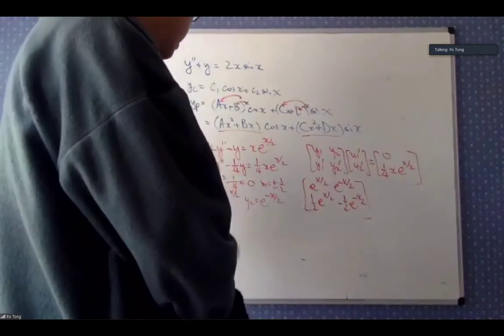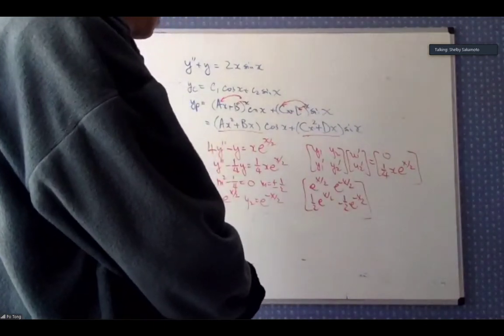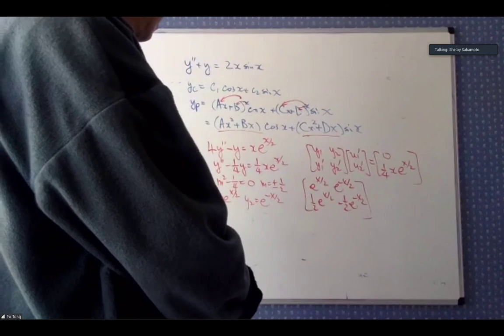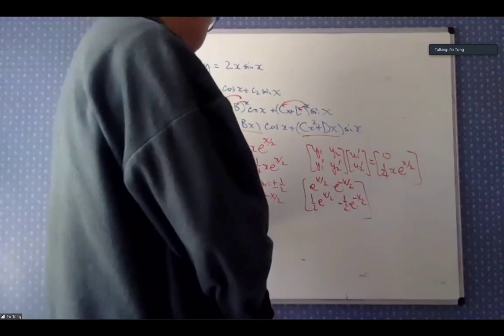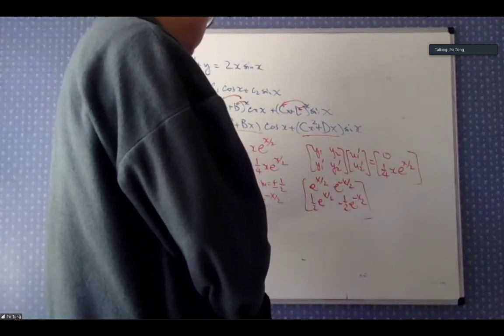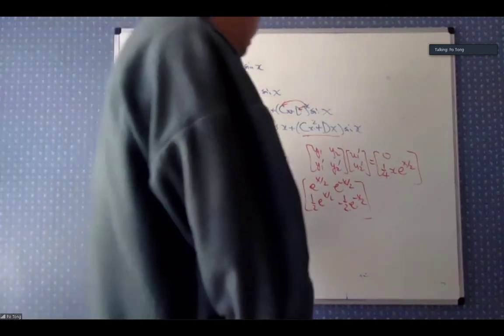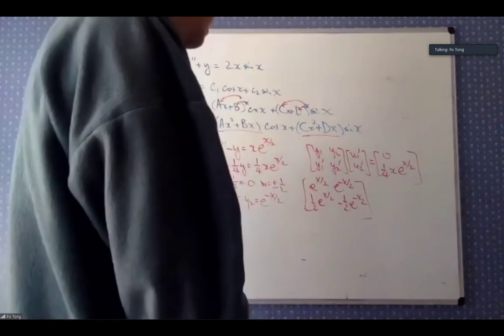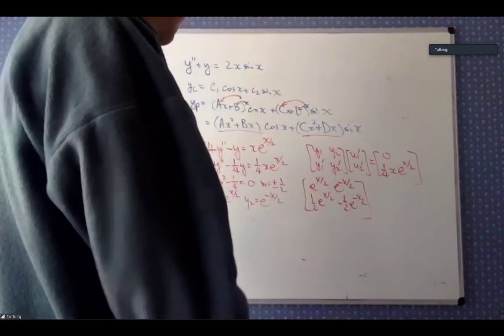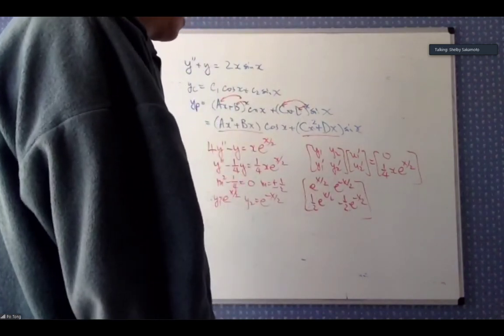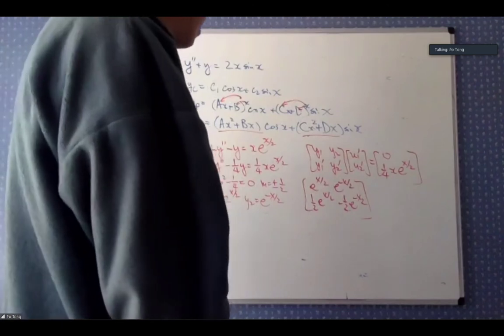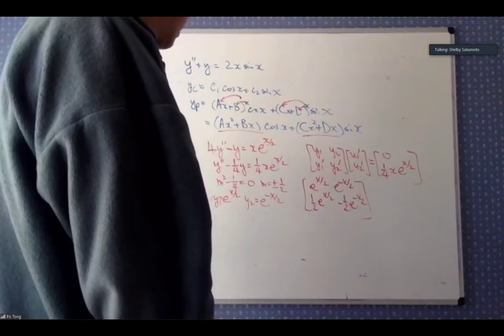Is it the same as mine, e to the negative x over 2? Or are your y1, y2 and my y1, y2 swapped? Yeah, the Wronskian will be the negative of mine. But does that affect the final answer? No, it does not.